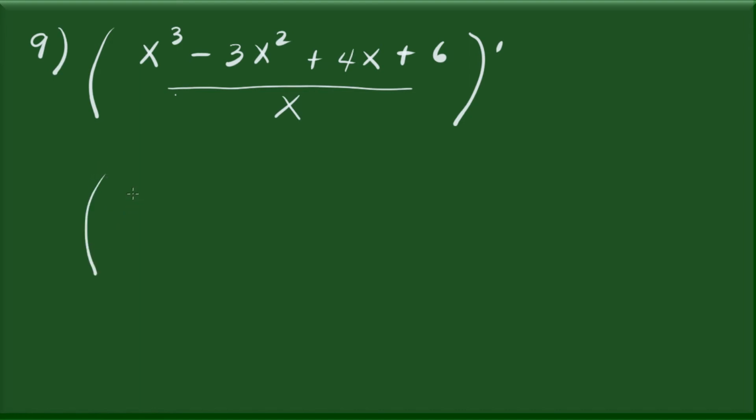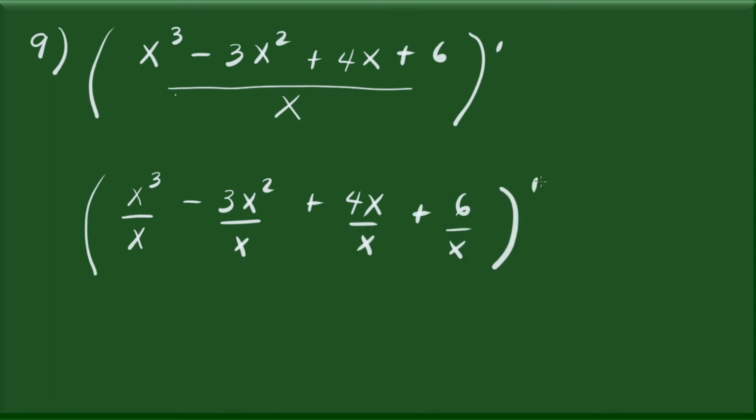We're going to split the numerator sharing the same denominator x because we're using the power rule. 4x over x plus 6 over x. And then simplify, like x cubed over x is x squared. Now x squared divided by x is x.